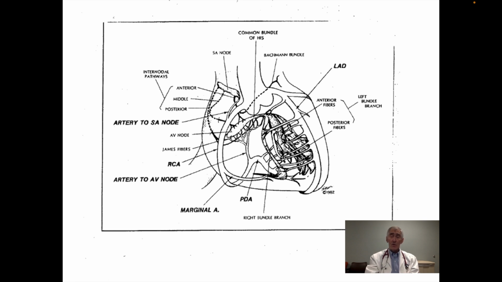Note also how the right coronary artery feeds the inferior wall of the heart, and the left anterior descending artery feeds the anterior part of the heart, the so-called anteroseptal, anterior, and lateral parts of the heart.